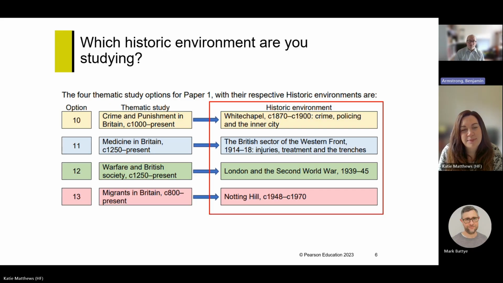If you're studying medicine in Britain, you'll be looking at the British sector of the Western Front, 1914 to 1918. If you're doing warfare in British society, your historic environment is London and the Second World War. Or if you're studying migrants in Britain, your historic environment is Notting Hill, 1948 to 1970.